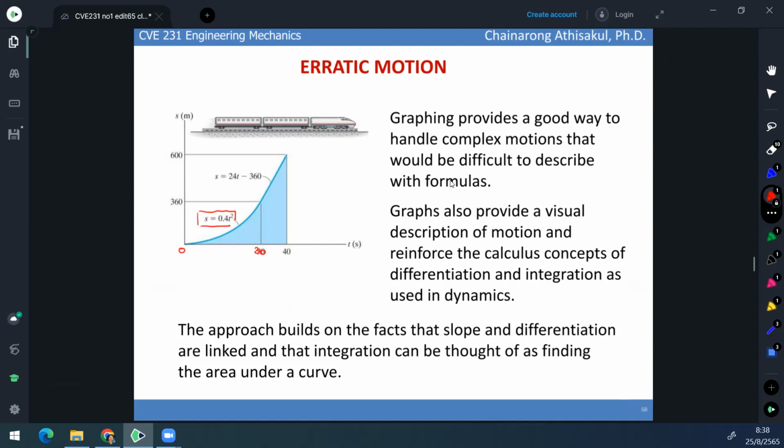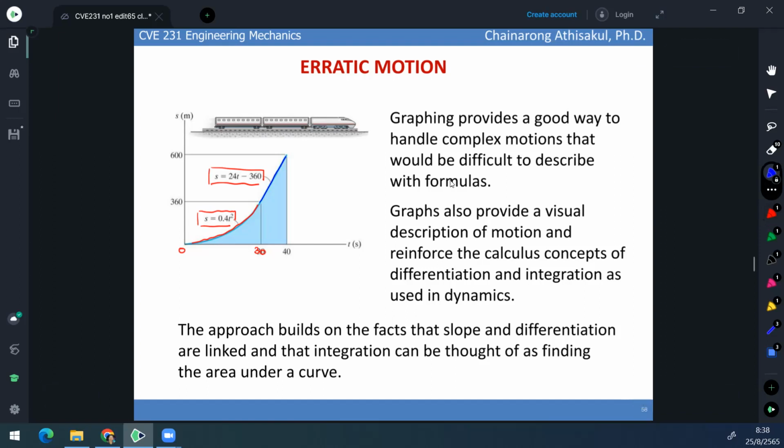But for time from 30 seconds to 40 seconds, the position is defined by another function. As you will see, it is not continuous. It is not the same single function. It has two functions: the first one, and the blue one is the second.